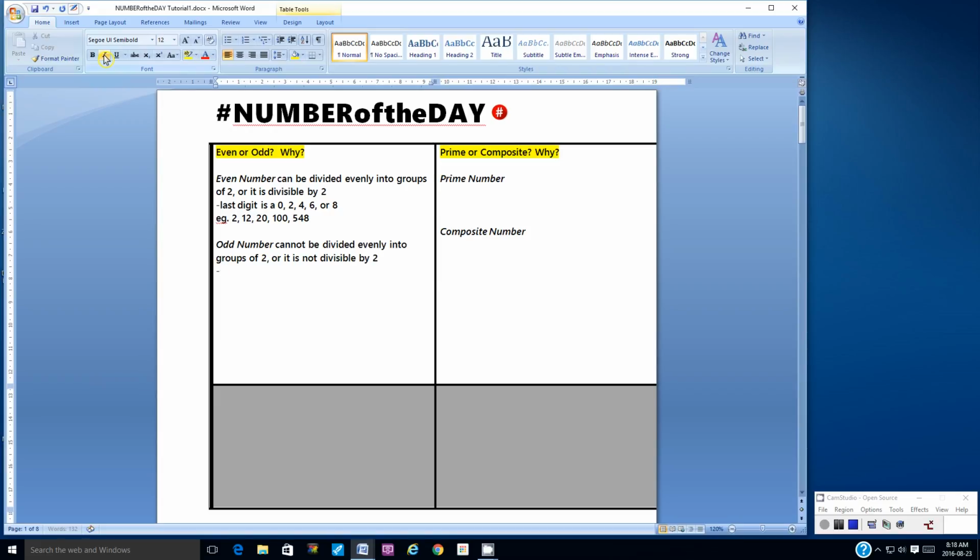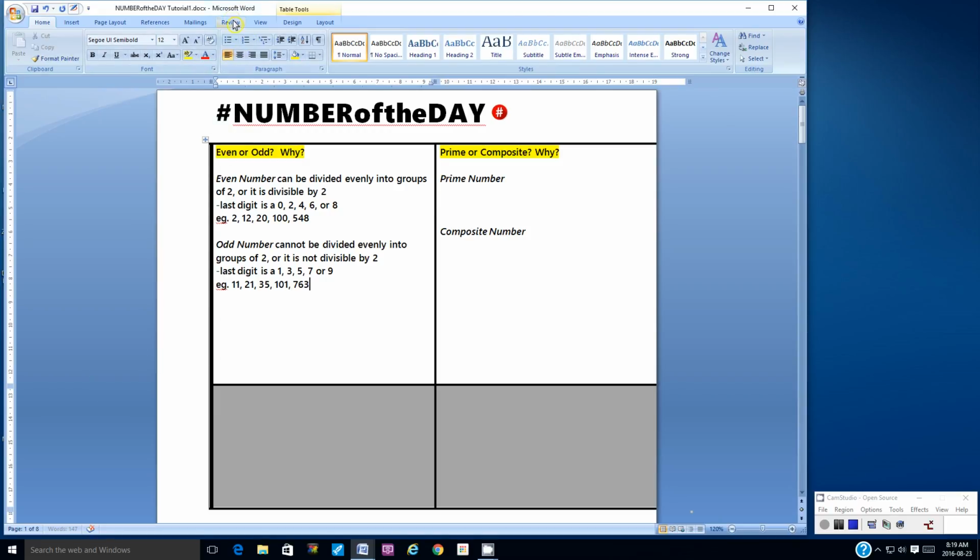The last digit is a 1, 3, 5, 7, or 9. Some examples are 11, 21, 35, 101, 763.